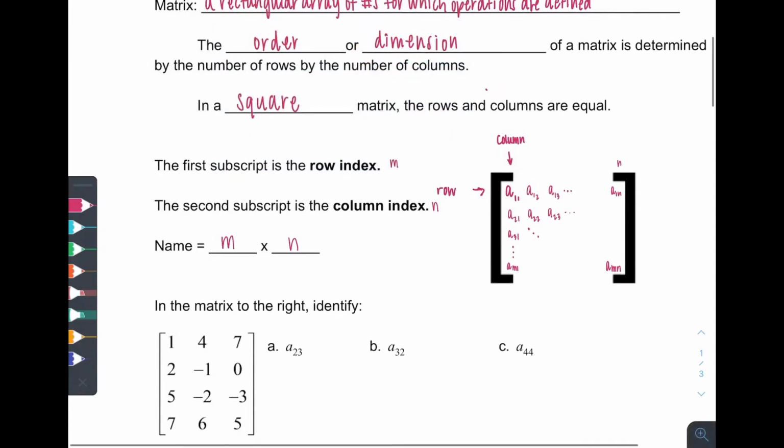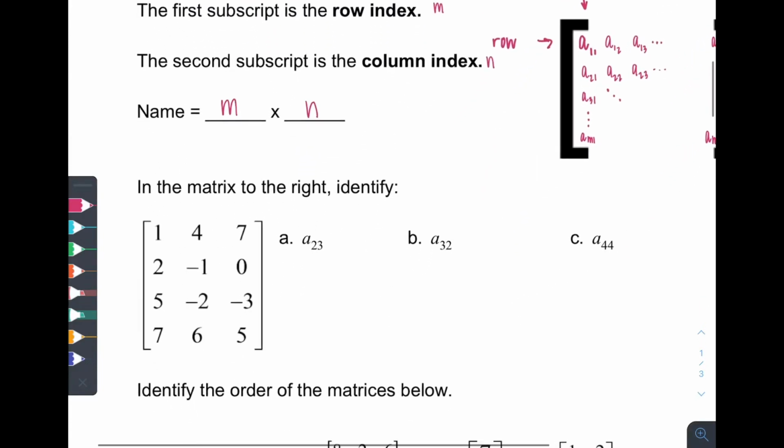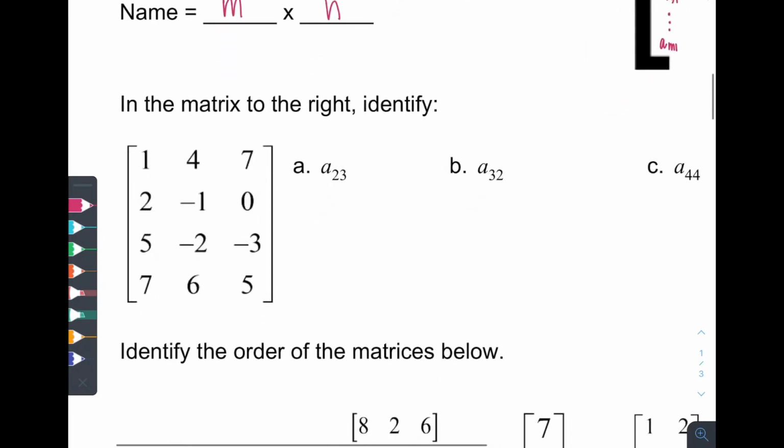All right, so we're going to identify these values on the right. Again, it goes row, then column. So we are looking in the second row, third column. So 0 is the value of this one right here.